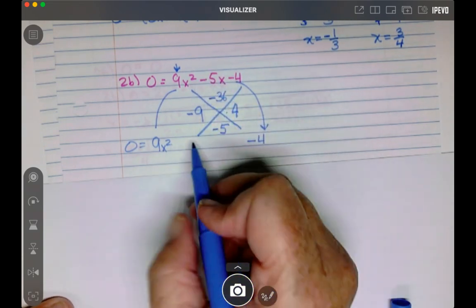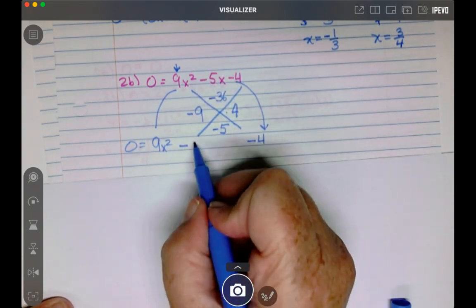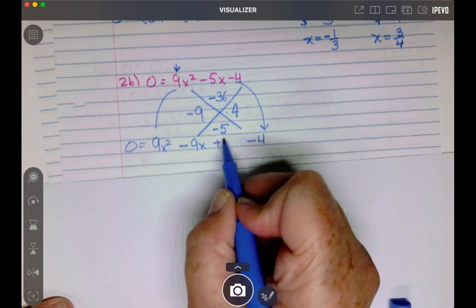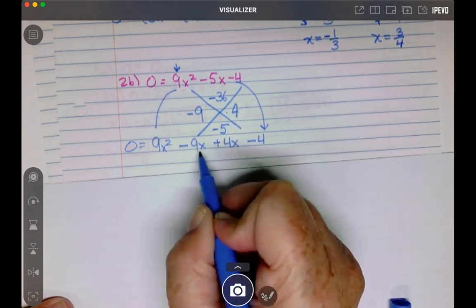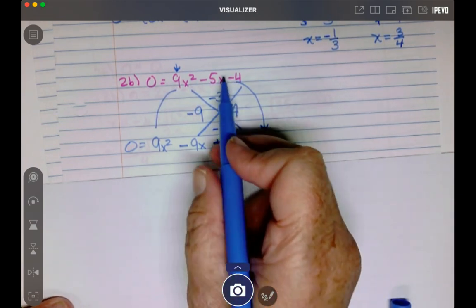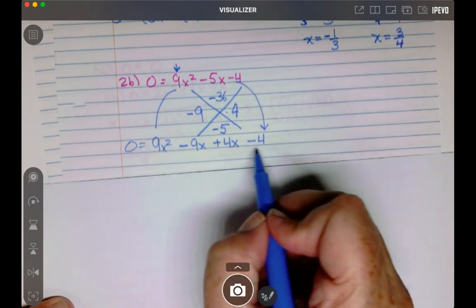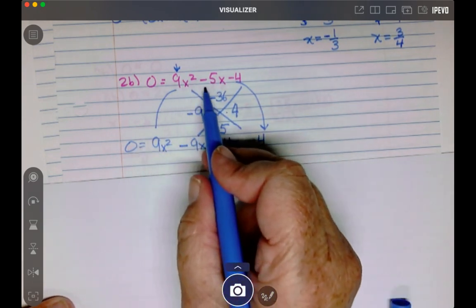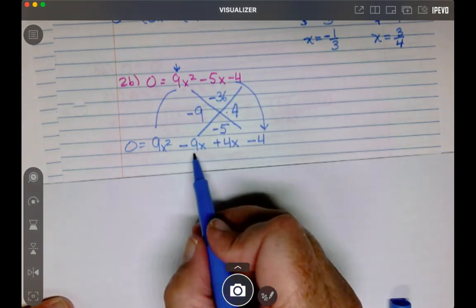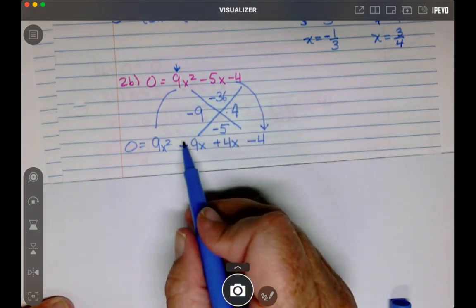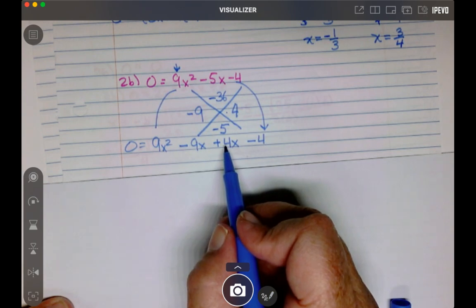Instead of bringing down negative 5x, I'm going to bring down negative 9x plus 4x. Negative 9x plus 4x is the same thing as negative 5x. So this equation here is the same as the equation above. All I've done is I've rewritten the b term as negative 9x plus 4x.